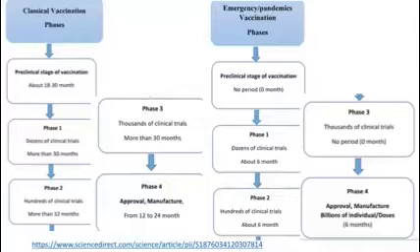But in this pandemic situation, you can't follow the standard procedure. So what the approving agencies did was approve these vaccinations on an emergency basis, under the pandemic situation. Now you see the lengths of these stages have been drastically reduced. Preclinical stage of vaccination, no period.